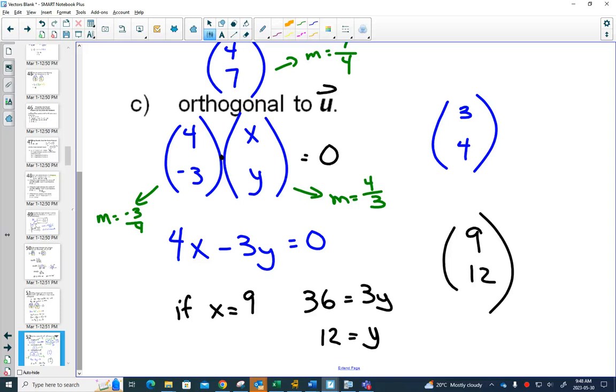But you can also use the idea of slopes here to think about parallel and perpendicular.